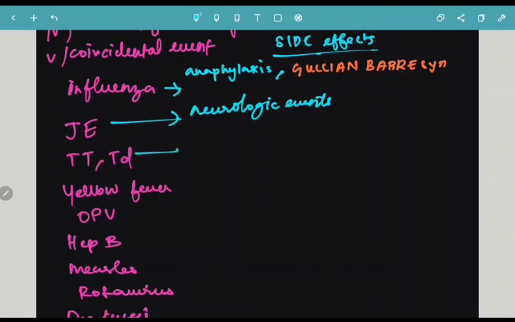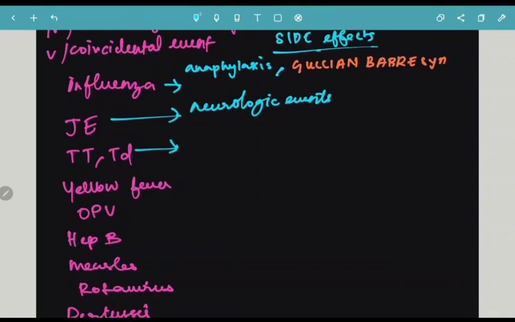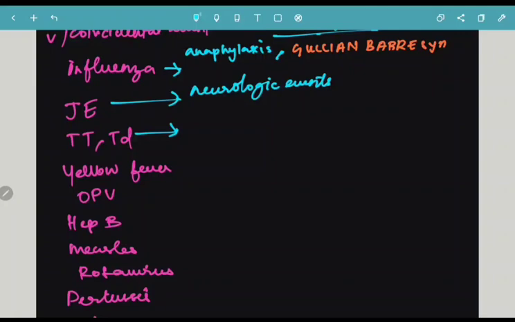Now tetanus toxoid or tetanus diphtheria vaccine can cause brachial neuritis and anaphylaxis. So brachial neuritis is a complication, also a side effect, of tetanus toxoid.